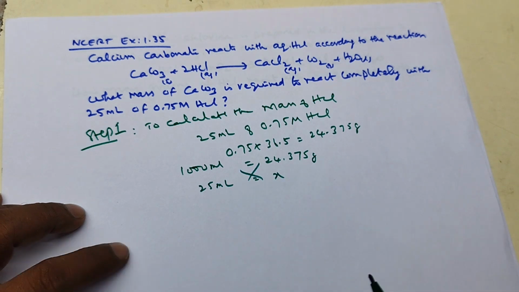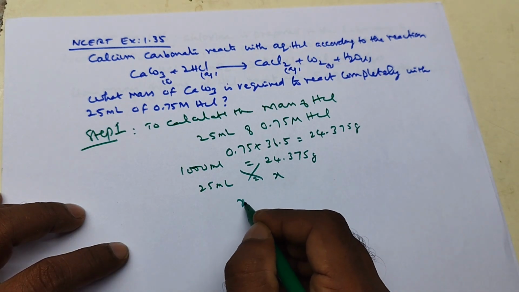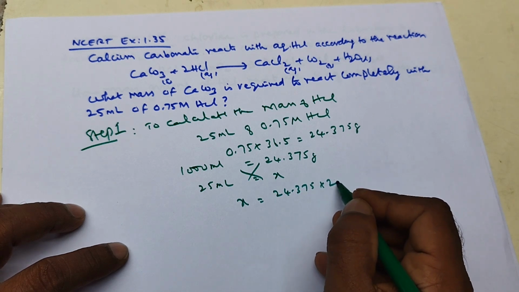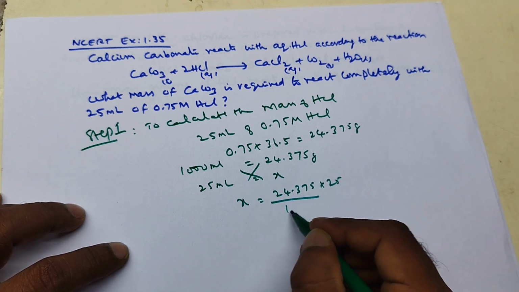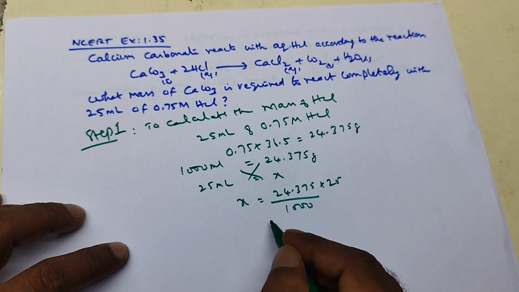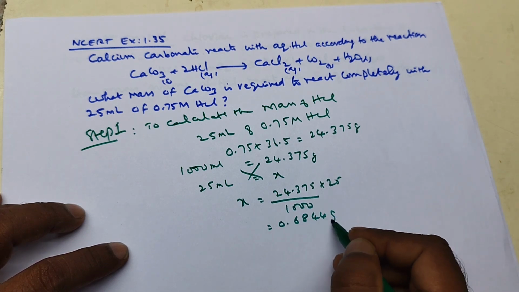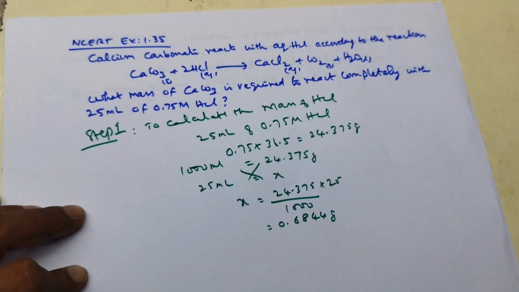You do the cross multiplication. So X is equal to 24.375 into 25 divided by 1000. We are getting 0.6844 gram of HCl.